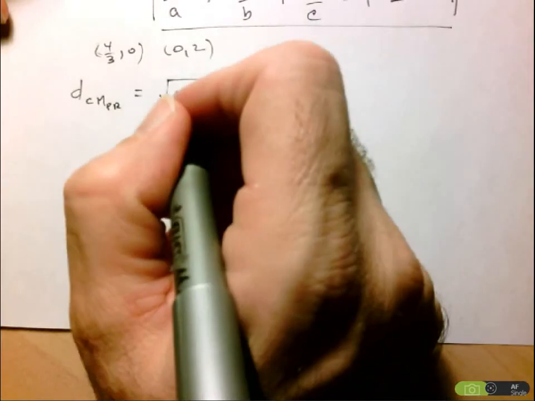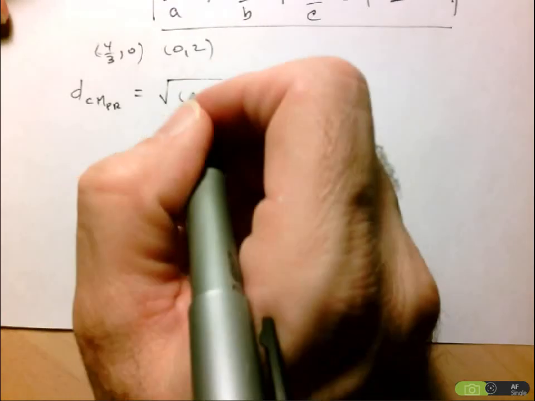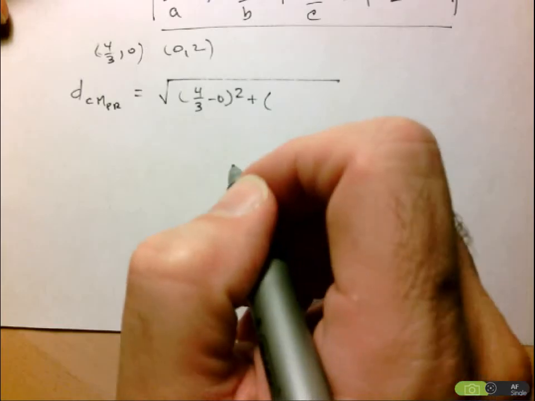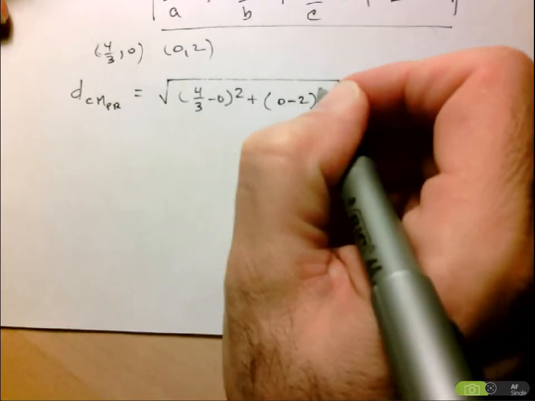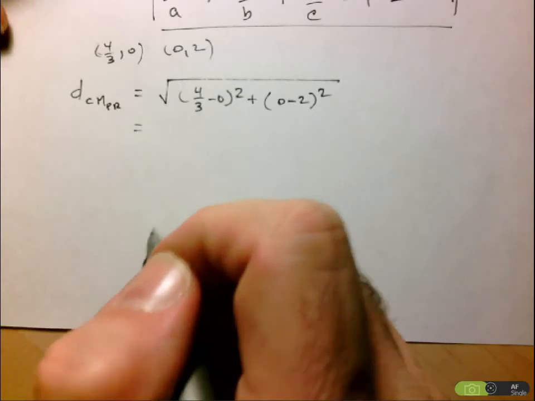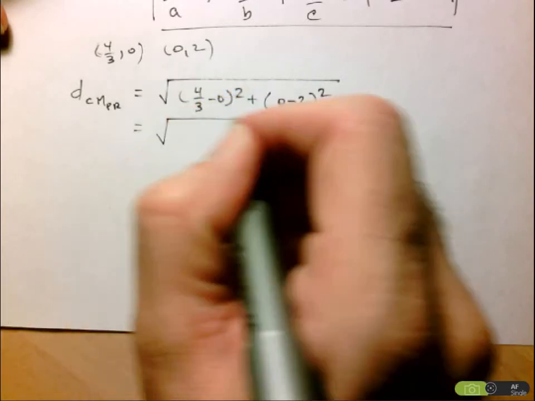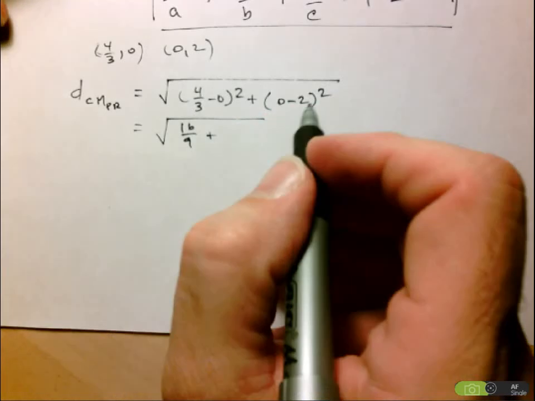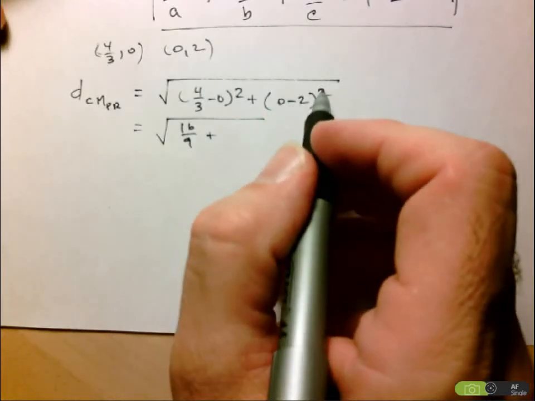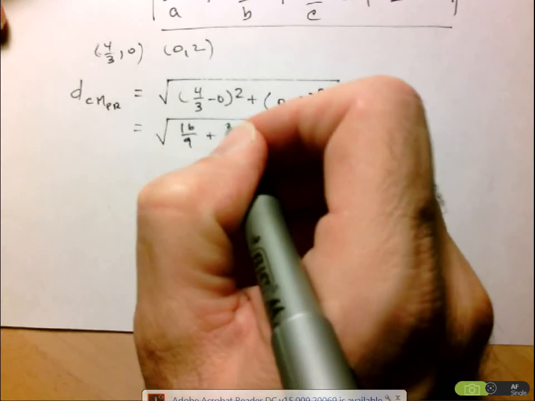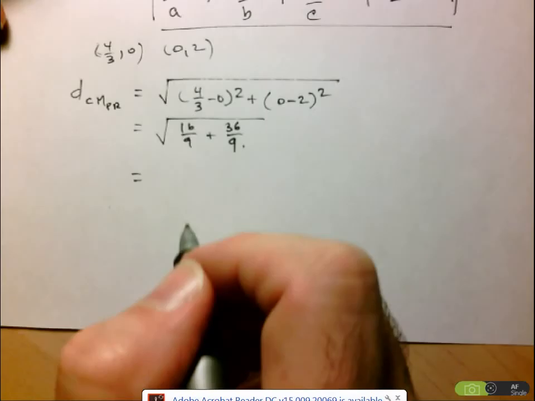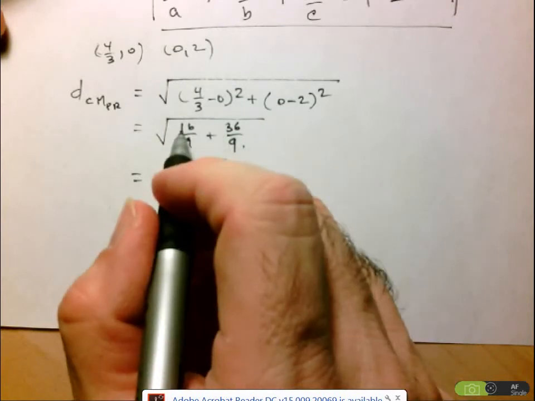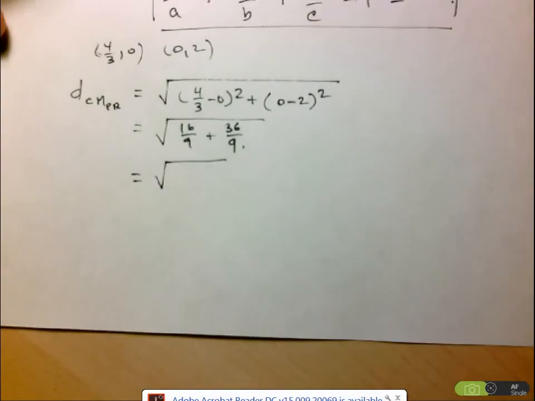So here we've got x2 minus x1, so 4/3 minus 0 squared, and then plus y2 minus y1, so 0 minus 2 squared. We'll simplify: 4/3 squared will just be 16/9, and here we have plus 2, -2 squared is 4, but let's write that as something over 9, so that's 36/9, and so here we have 36, 46, 52/9.